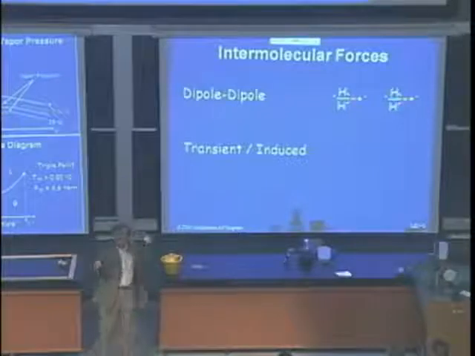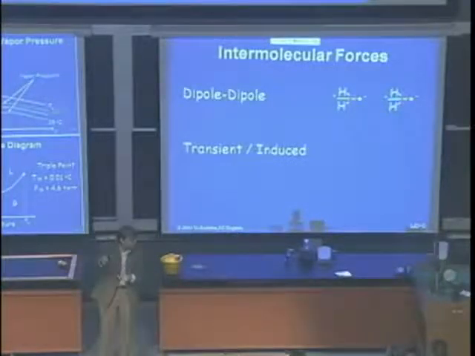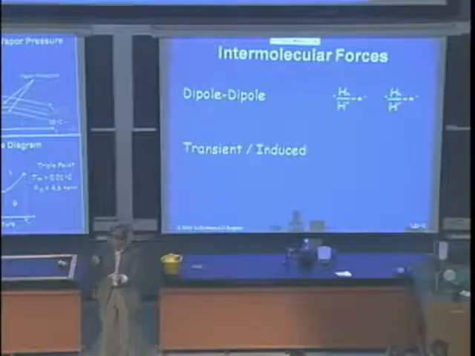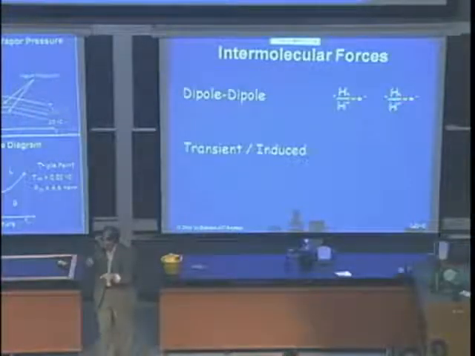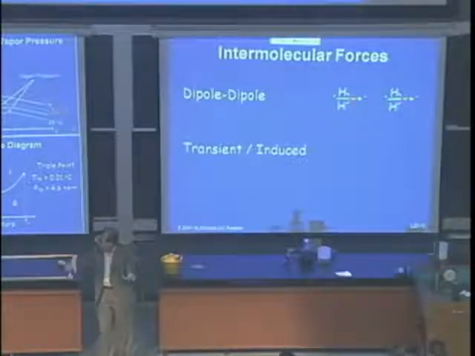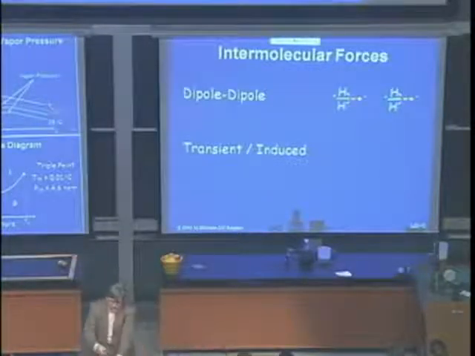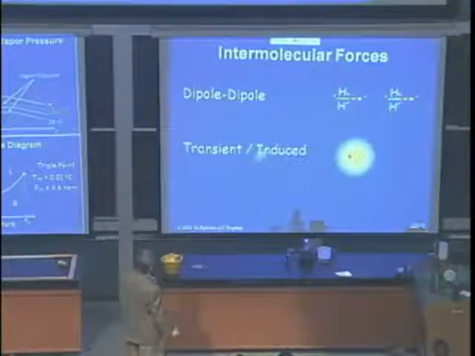If you would take a snapshot in time, the electron would be here and not here. So there would be an induced polarization for a very brief period of time. And if you have another molecule that has the same, then the negative and the positive polarized sides would stick together. Of course, these are extremely weak forces, and this would be induced polarization.